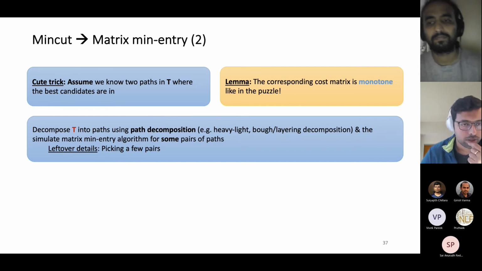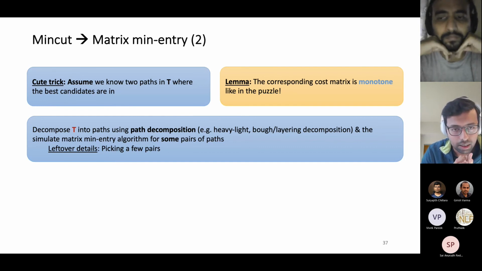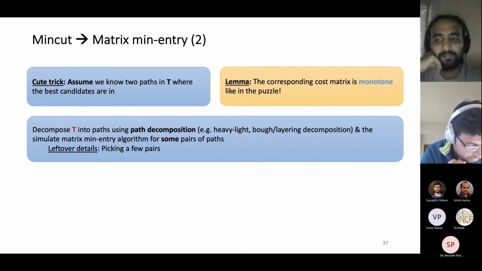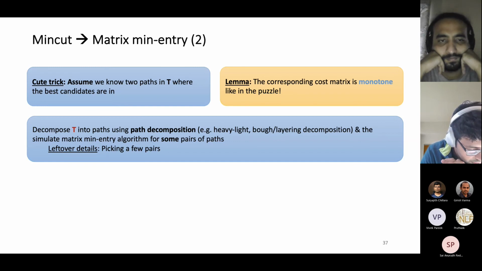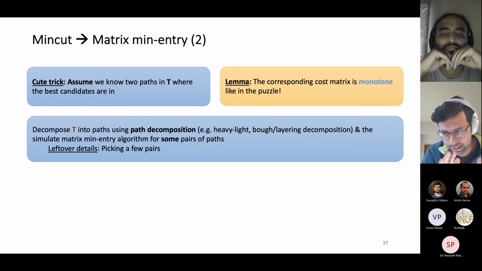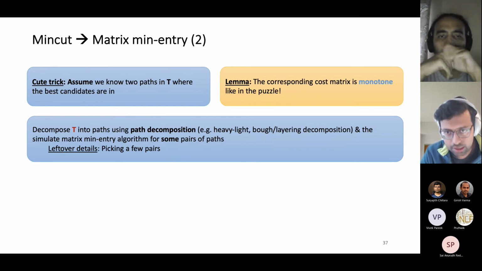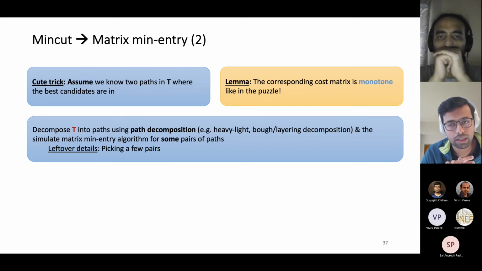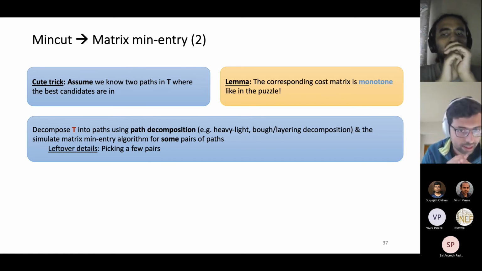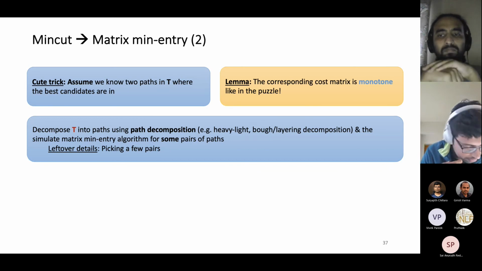Okay, so the leftover detail is going to be picking a few pairs of paths. This part is going to be a bit dense, I'm giving you a bit of warning, but it will have one technique which I think is going to be very useful for any algorithm designer to learn.